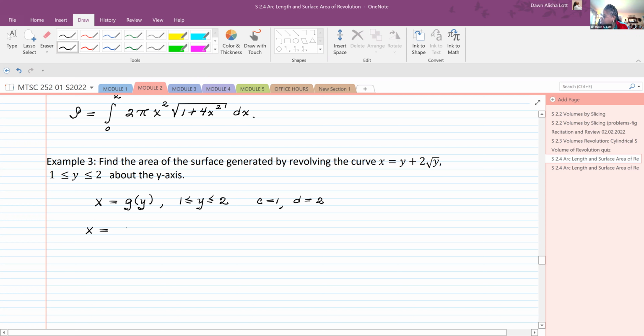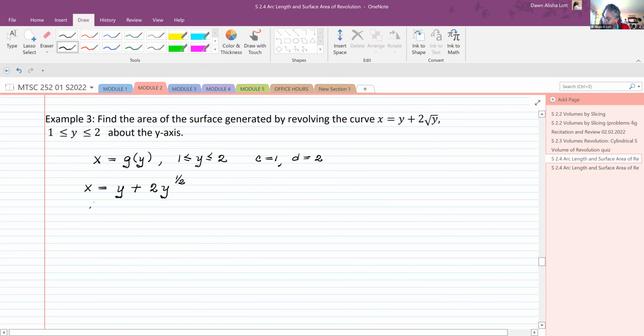X is equal to y plus 2 times the square root of y, which I'm going to write as y to the 1/2 power. So dx/dy, otherwise known as x prime of y, you take the derivative of that, you get 1 plus y to the negative 1/2 power.